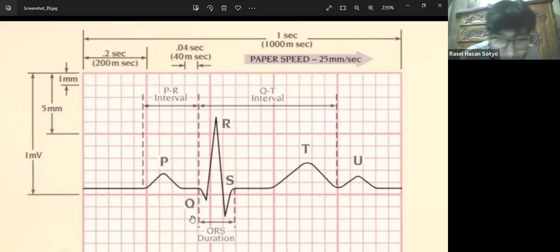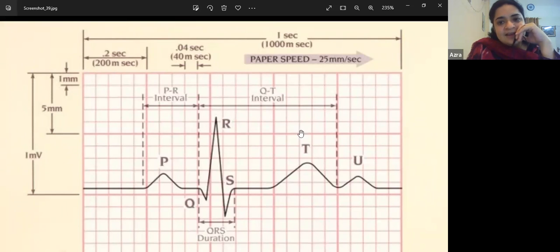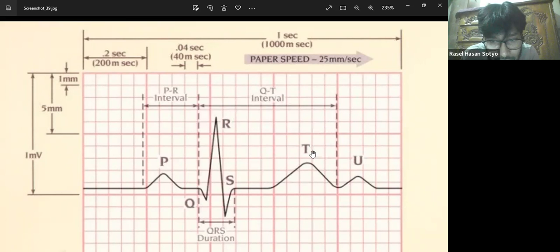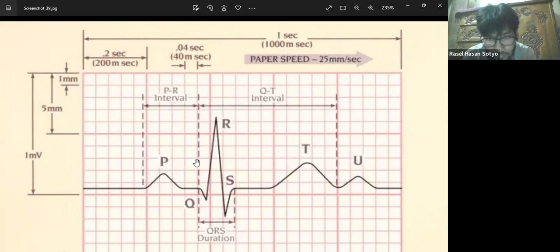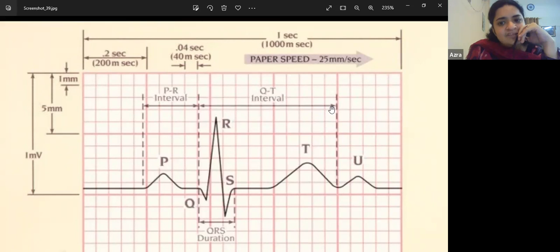So this one is Q, and this one is T. The distance from the starting of Q till the end of T, this one is the T area, is the QT interval.